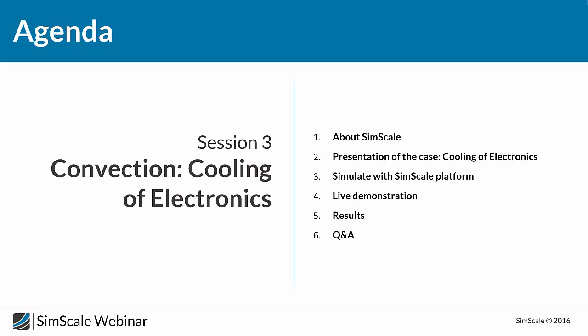Then we would see how this could be simulated in SimScale. We call it the 3-step process, how this is going to be done. And for today's session, we have two convective heat transfer simulation setups, which I will be showing a live demonstration on to set up the case.